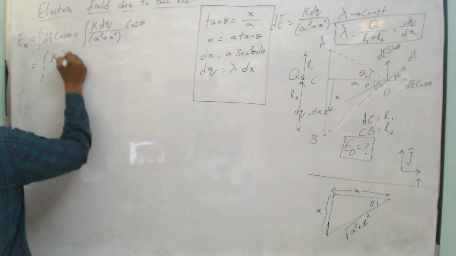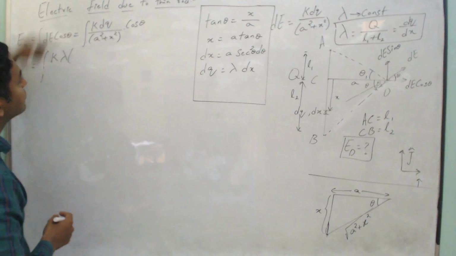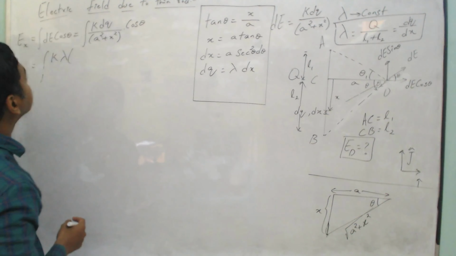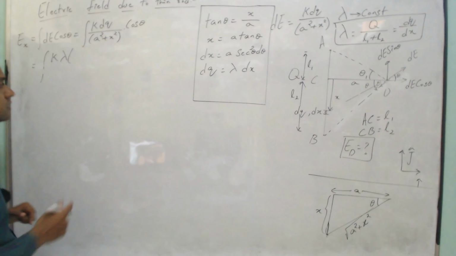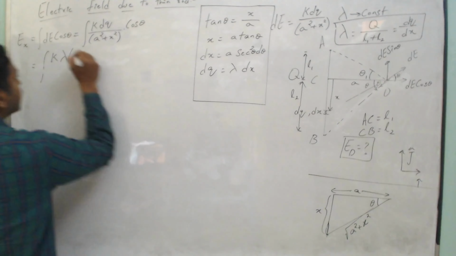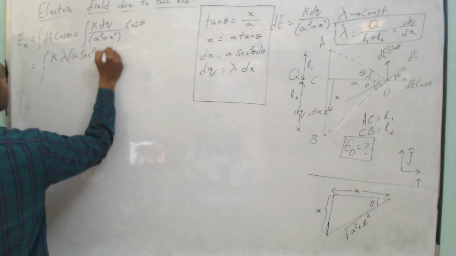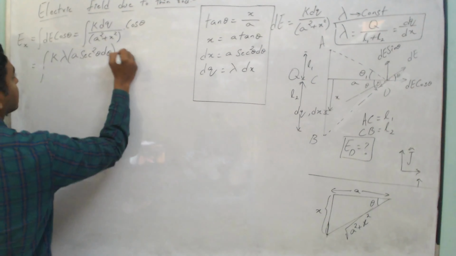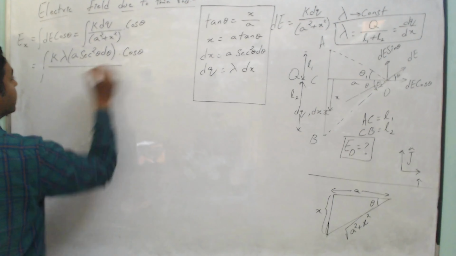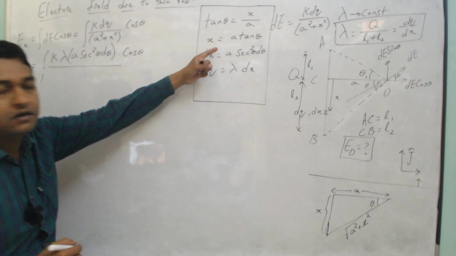K lambda, in place of dx, since dq is lambda dx, I will have a secant square theta d theta into cos theta divided by, in place of x, I have a tan theta.